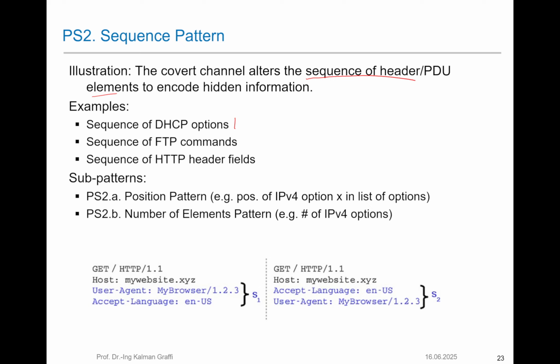But the recipient of the steganographic message can interpret it as some kind of hidden information. So here, for example, you can just simply exchange the order, but there are also other protocols where you can make use of it, especially if you have the ability to have this kind of optional headers.